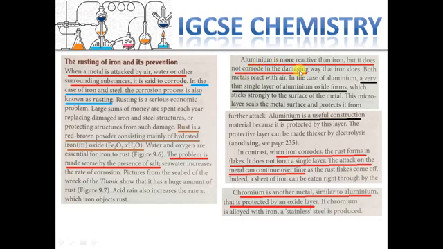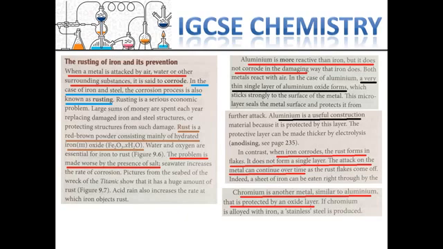On the other side, aluminum is more reactive than iron, but it cannot be corroded as much as iron, because the first layer of atoms on aluminum reacts with the oxygen in air and makes a very thin layer of aluminum oxide.